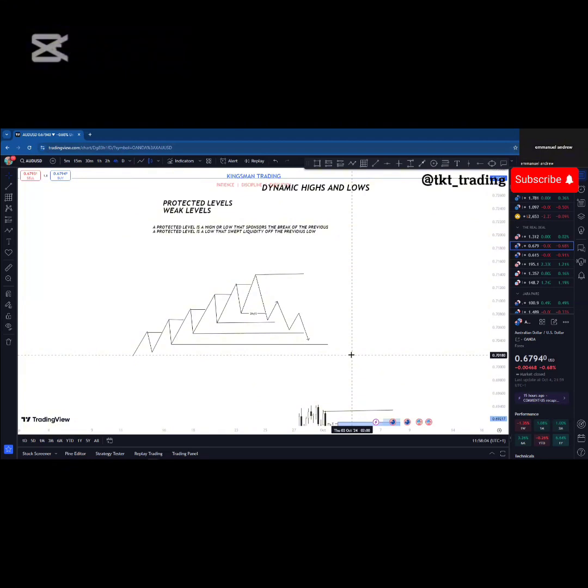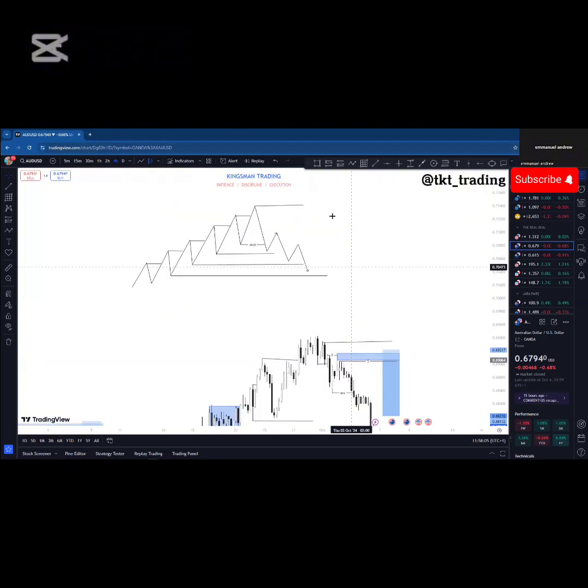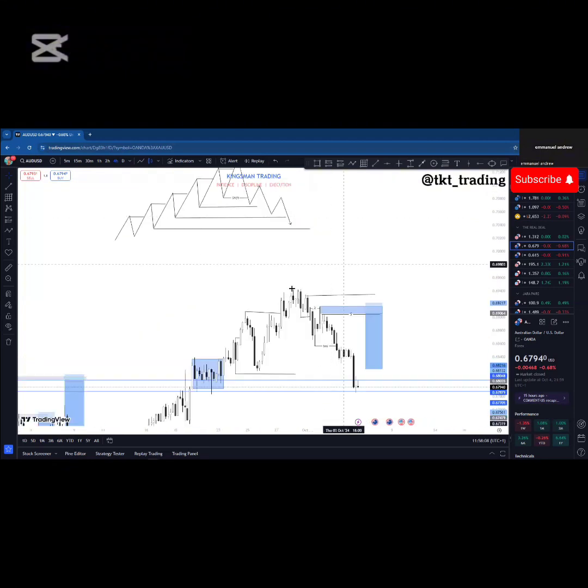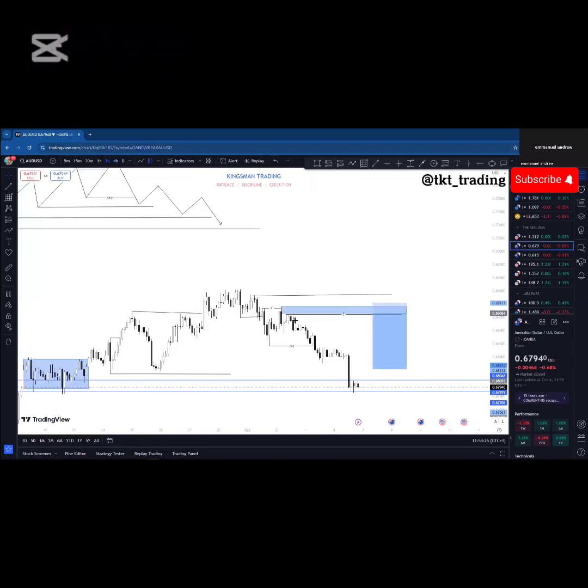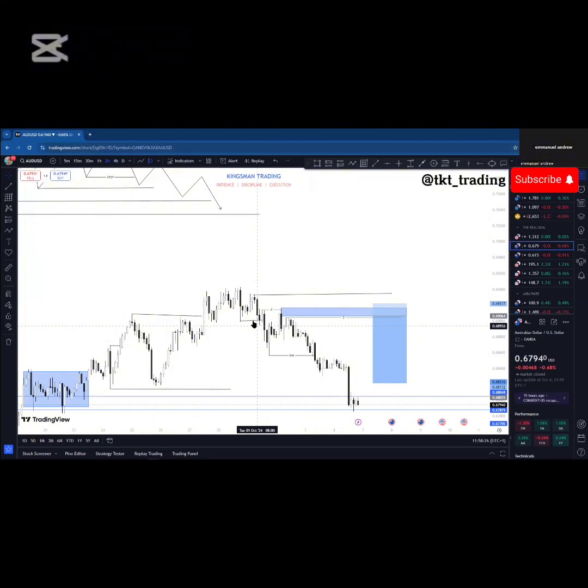Let me show you an example on the live chart also. So right here on the AUD/USD, we saw that price was on an uptrend, and then we now have this shift right here. I don't know if you all can see this. Let me go to the 2-hour time frame for more clarity. So we have this shift of structure right here.